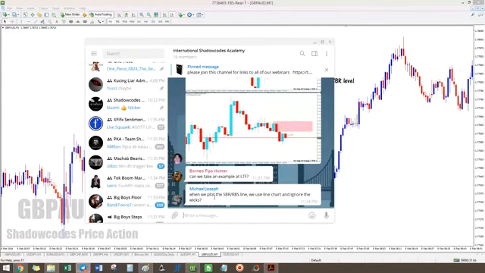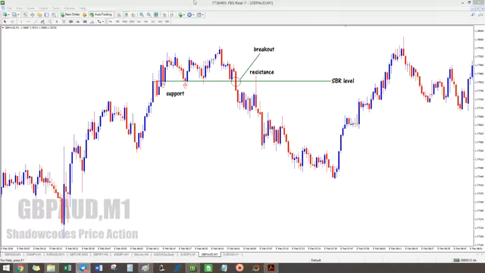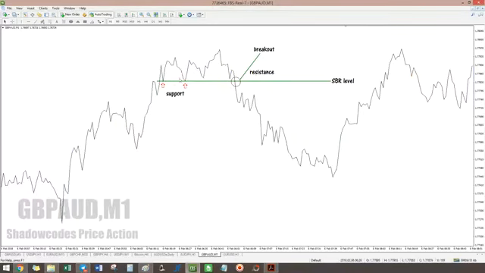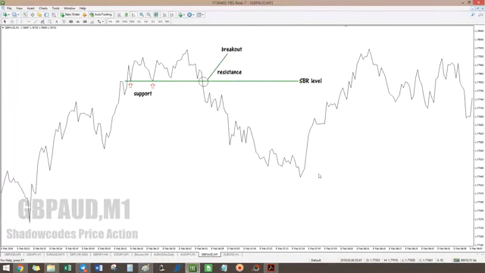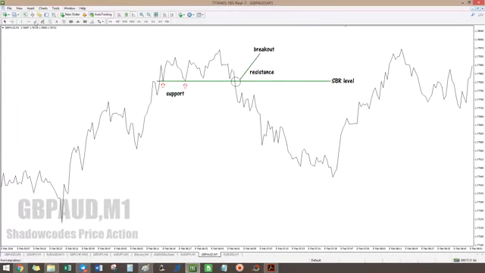ask a question. When we plot the SBR RBS line, we use the line chart and ignore the wicks. Yes, correct, we use the line chart only. We'll be looking on the left, not on the right. So you will not be marking like this. You will mark it from here to here.